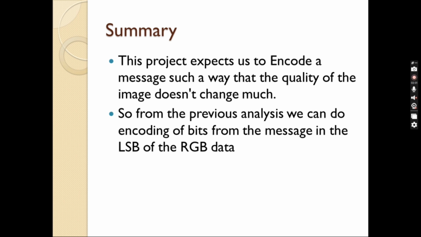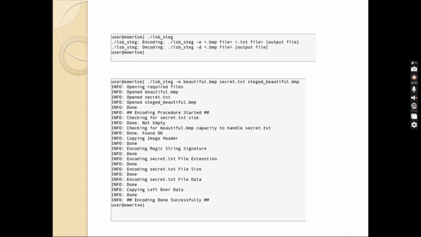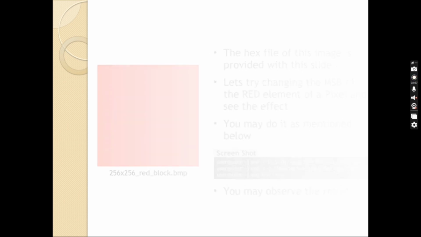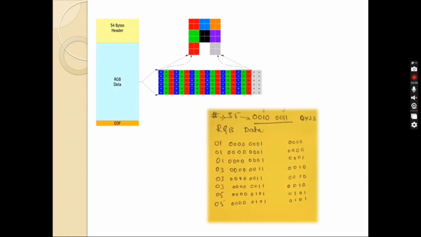From the previous analysis, we can encode the bits of the message in the LSB of the RGB data. As I told you, we need 8 bytes of data to encode 1 byte of data. Here is the example I mentioned. For the character hash, which is 1 character, meaning 1 byte, you get 8 bytes of RGB data.